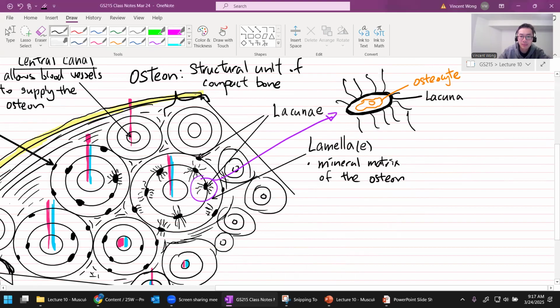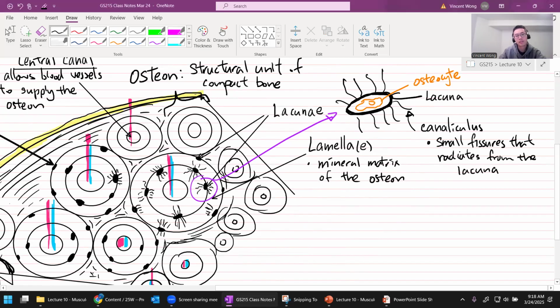And these cracks that are coming out from it are called the canaliculus. Plural is canaliculi. They are small fissures that radiate from the lacuna. So nutrients can diffuse into the pocket and feed the osteocytes.